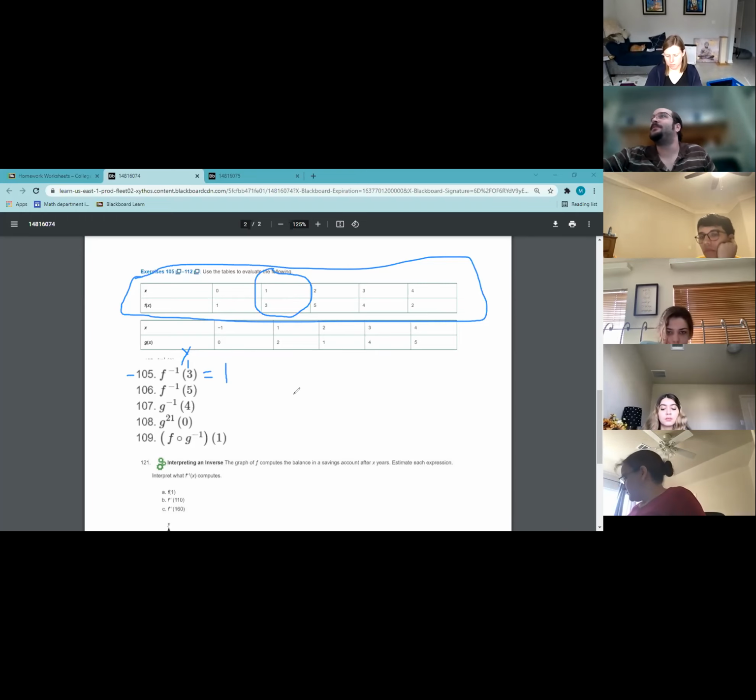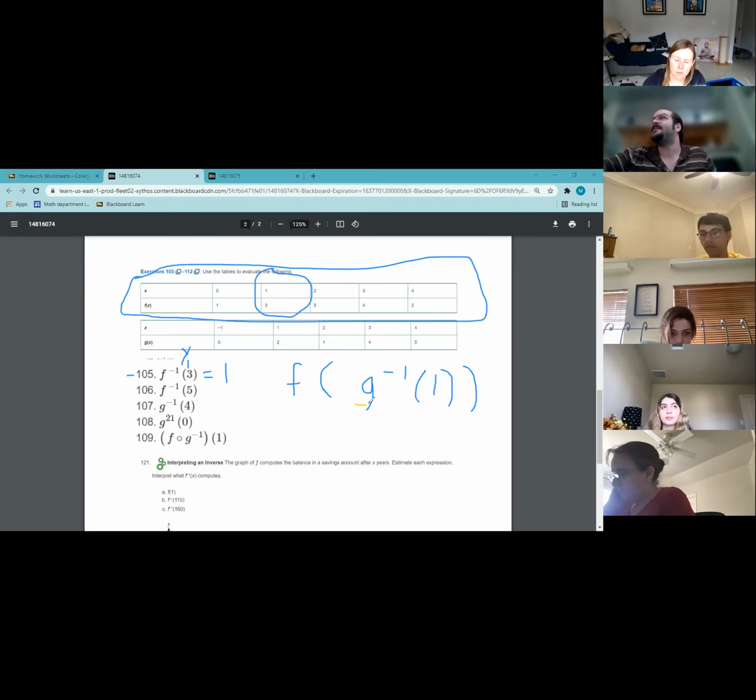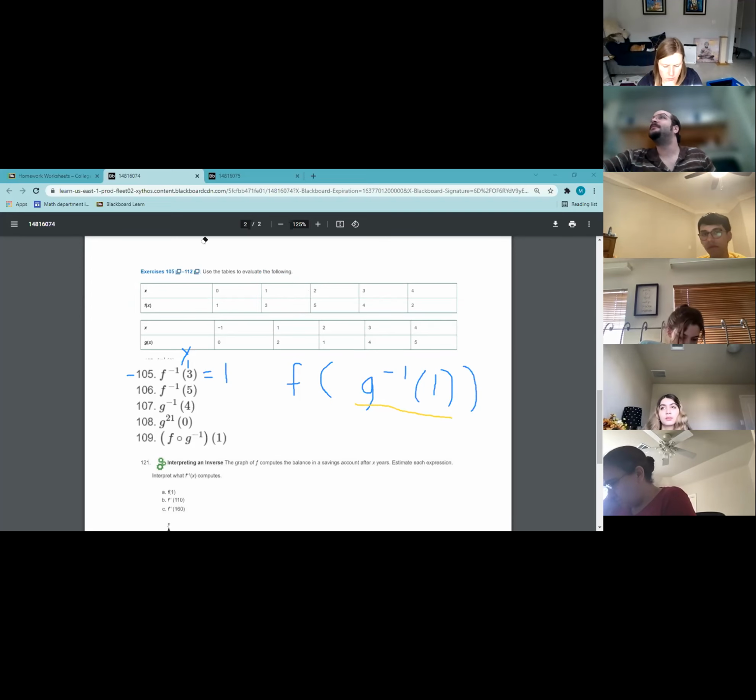Okay, the next one's a little more complicated. But if we write out our definitions, I think it might help. I work these things kind of inside out. So if I'm looking on the inside here, I see this, what? G inverse of 1. So now I'm going to my G table. If I'm doing the inverse, that 1 is what sort of value?